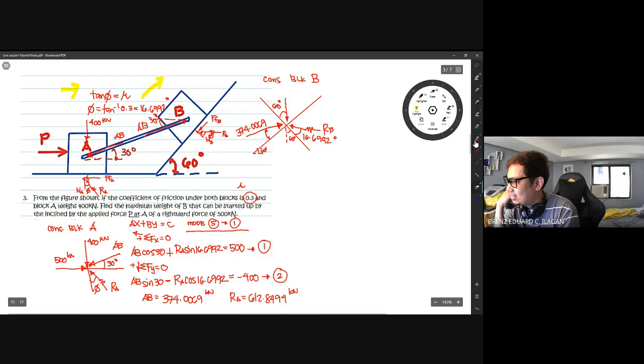Ito kasi, yung kulang natin. Kasi kung gagawin mo yung plane na yan, ayan. Ito po yung kailangan nating mahanap. Ano yung angle na yan? Nakita ko na. Pero ano sa tingin niyo yung sagot dyan dapat?